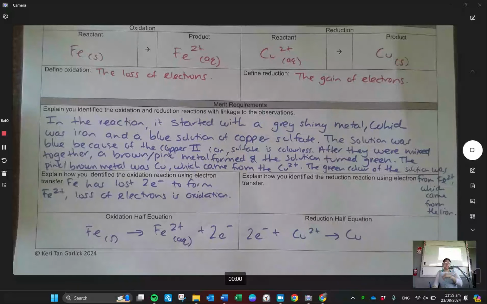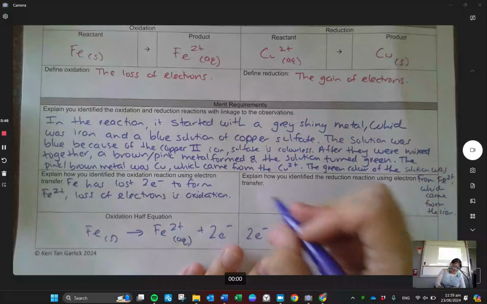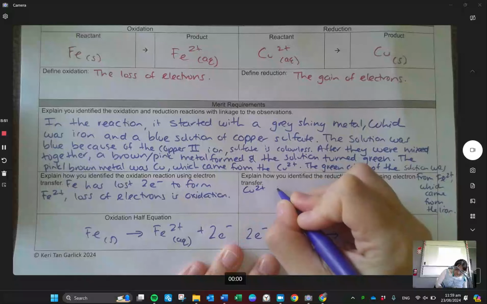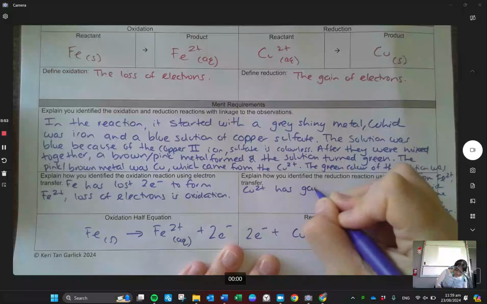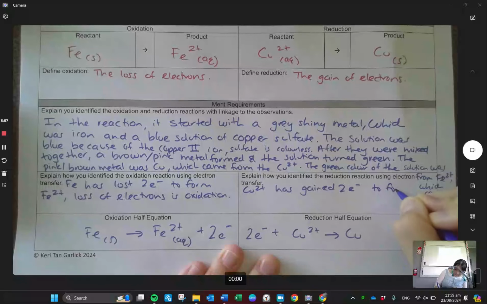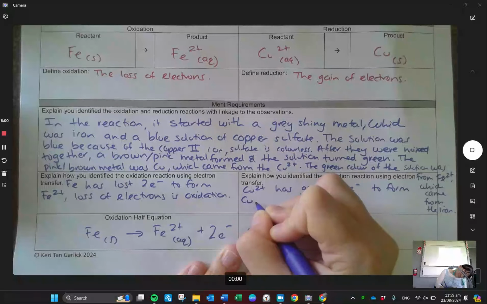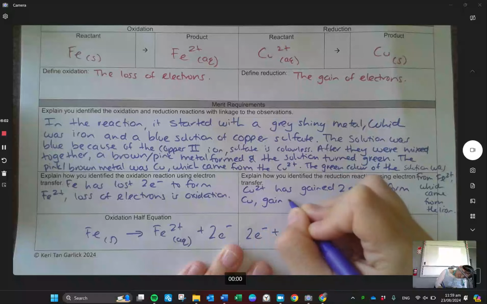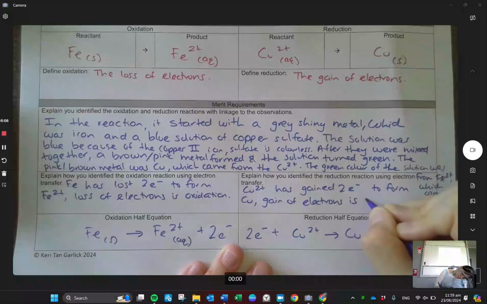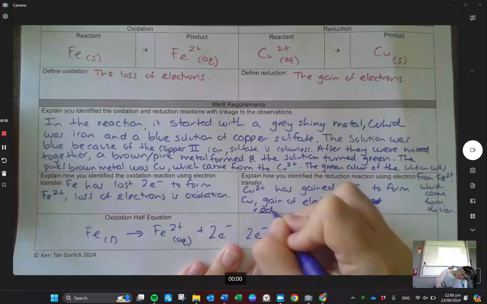It has gained 2 electrons to form the copper, and that gain of electrons is reduction.